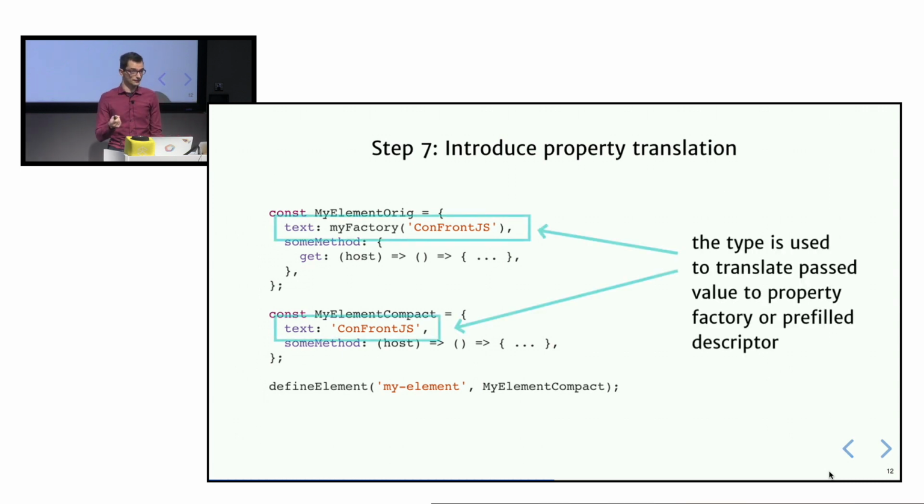We can translate it. So instead of using factories again to create properties which are very usual, we can just say that if our key is just a string value, we will translate it to a pre-filled property factory, which our custom definition knows.